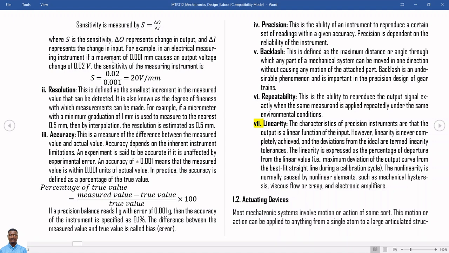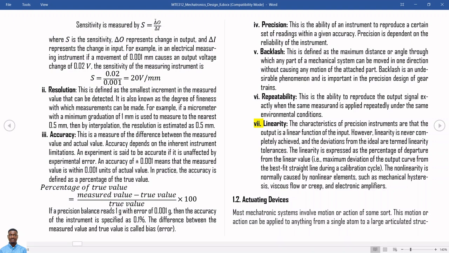So by way of example, let's assume that we have an electrical measuring instrument, and a movement of 0.001 mm causes an output voltage change of 0.02 volts. We already established that sensors convert physical parameters into electrical signals, majorly voltage levels.